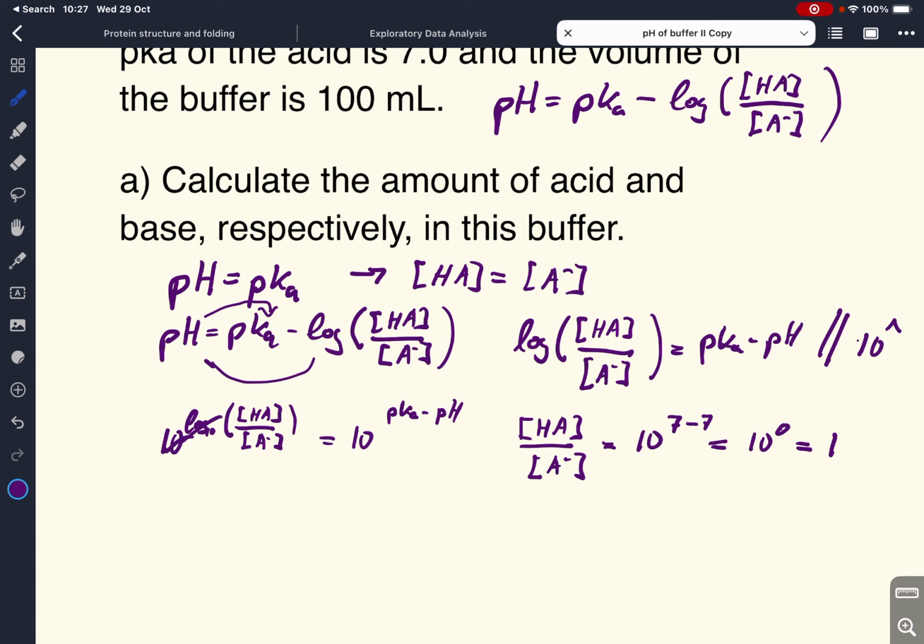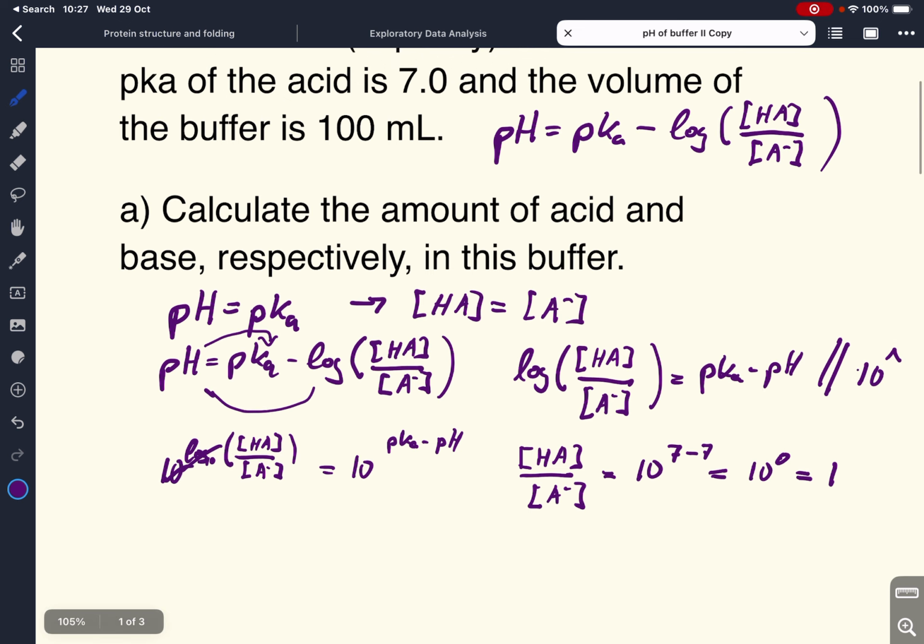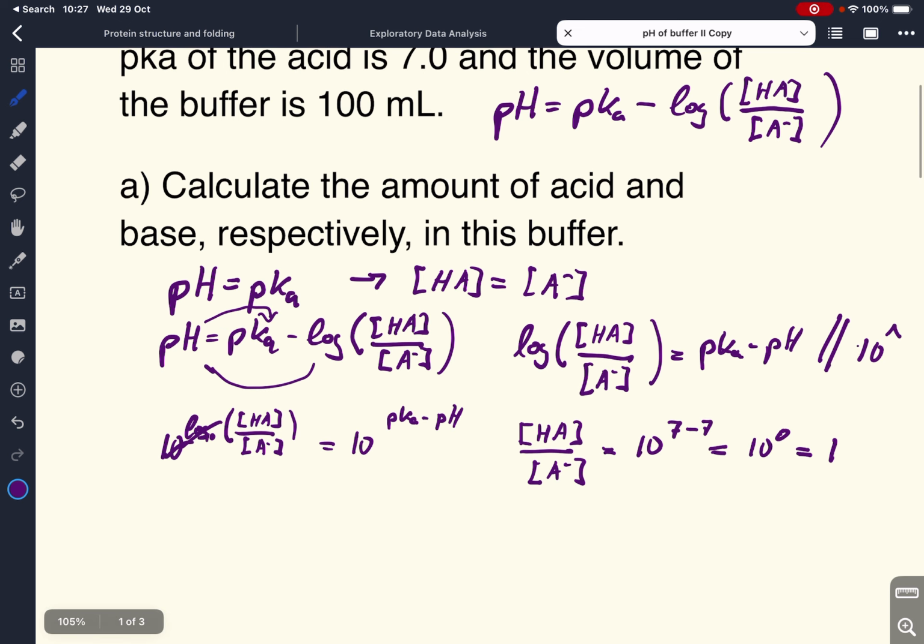We can also say that our total amount of acid and base, and I'll write it like that, acid plus base, should be 200 millimole per liter.